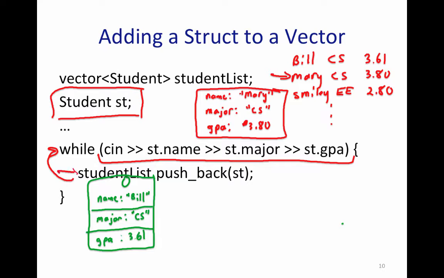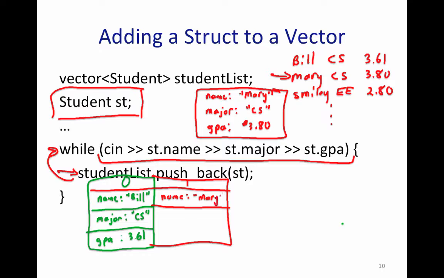Then we come down to our push_back, and it adds a new entry down here with name Mary, major CS, and GPA 3.8.